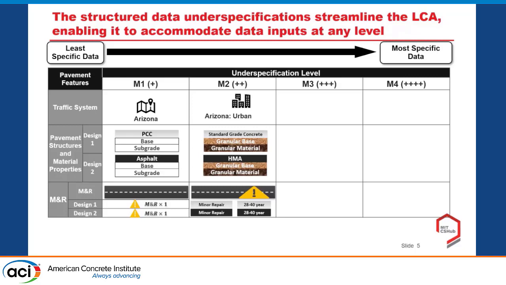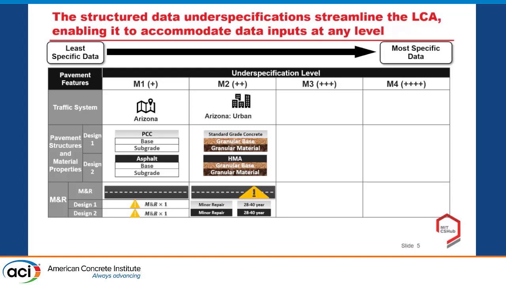At the M2 level, they may know that they want to build a road for an urban area, and that the PCC is a standard grade concrete with a granular base and granular material as a subgrade. For the asphalt pavement, they know it is hot mix asphalt with the same base and subgrade as the concrete pavement. And for the M&R, they may know that it is a minor repair for both concrete and asphalt.